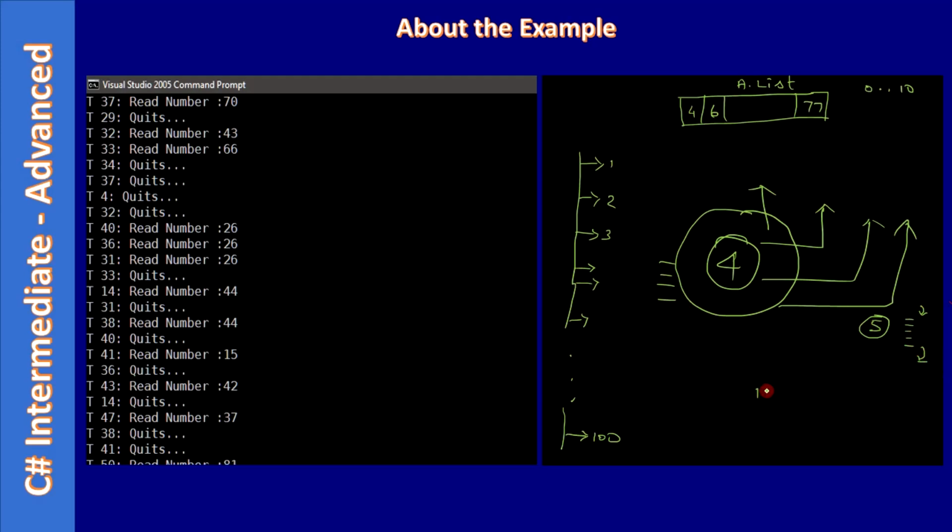And remember, there are 100 threads, and each thread will run 5 times, so we will get 500 iterations, and there will be a semaphore lock as well as a release.